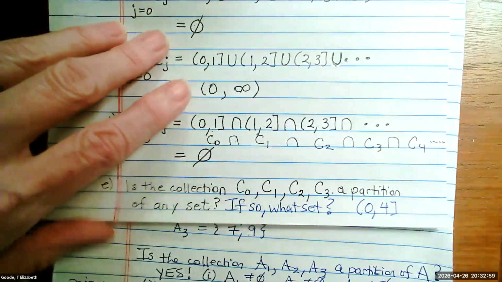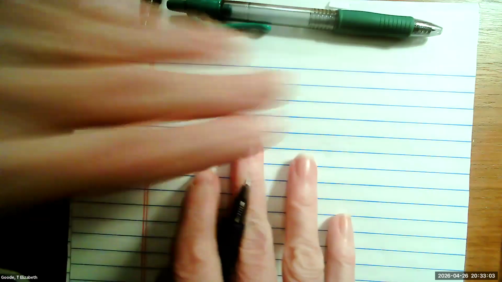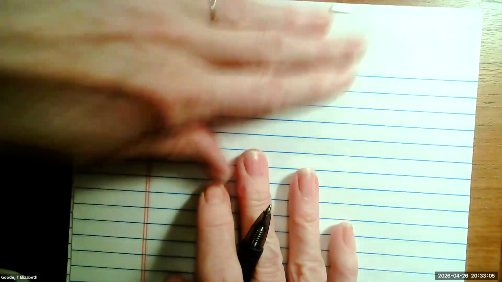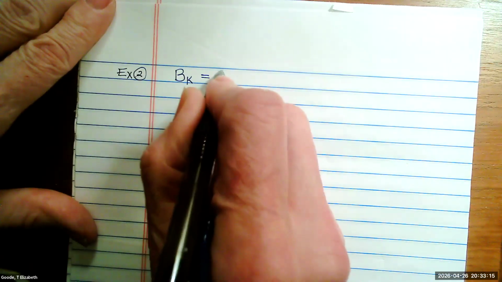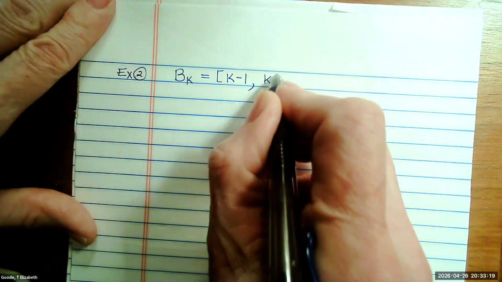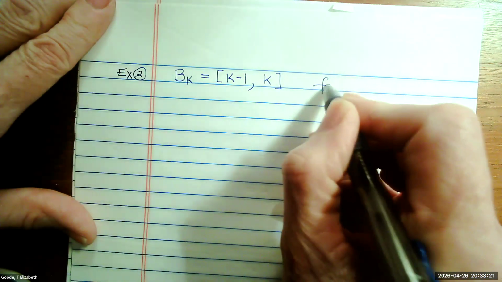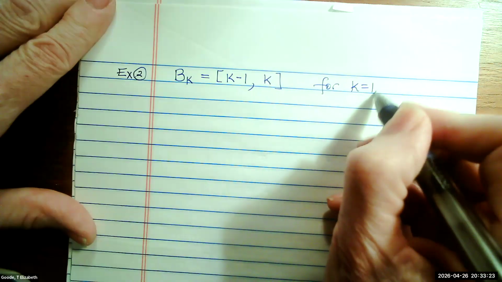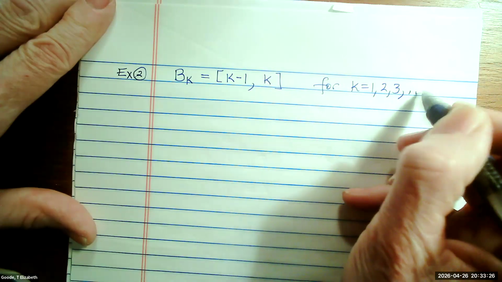But things can get really interesting. For example, what if we let B sub k equal the closed interval [k-1, k], for k equals 1, 2, 3, and keep on going.